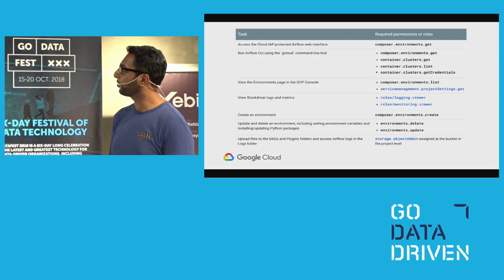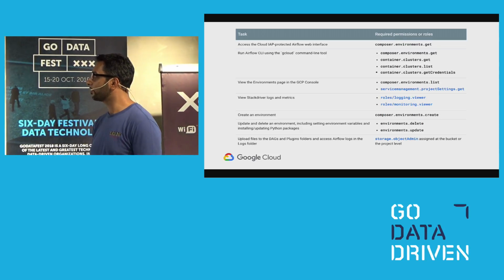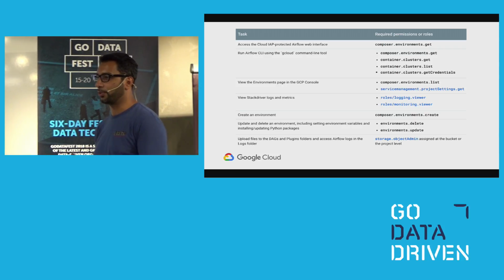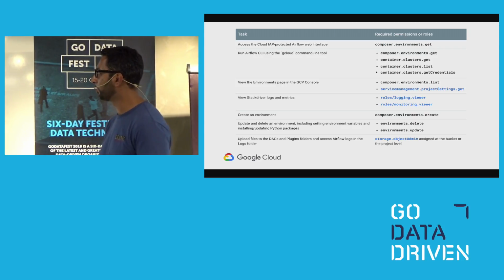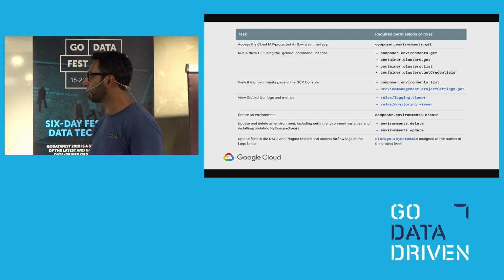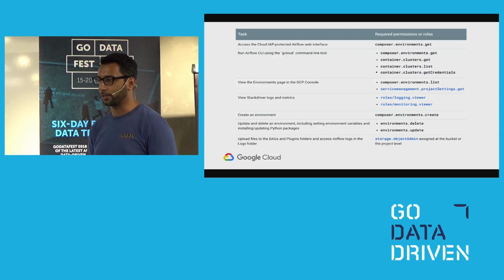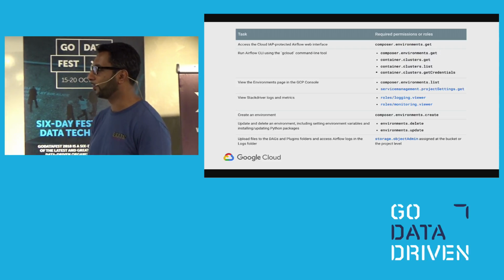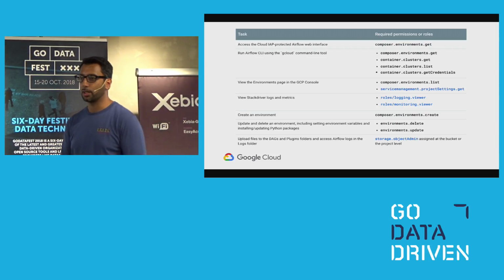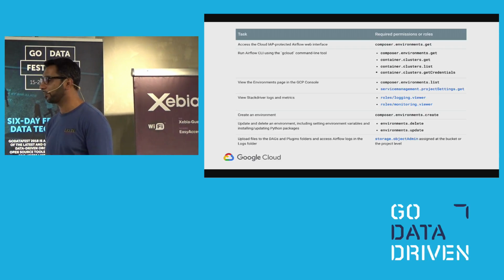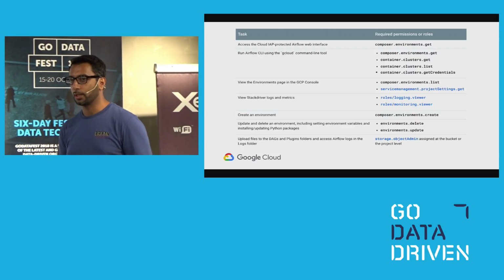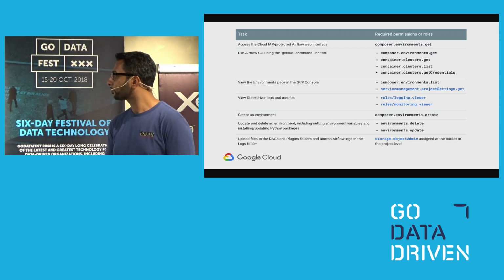It's quite nice that you can give someone very low permission if you just want them to access the web UI, for example, all the way to people who can manage the environment, people that can add DAGs by just giving them permission to the folder, people who can see the logs, etc. We've made sure that every different feature that's available also has a permission tied to it, so you can give that granular control.